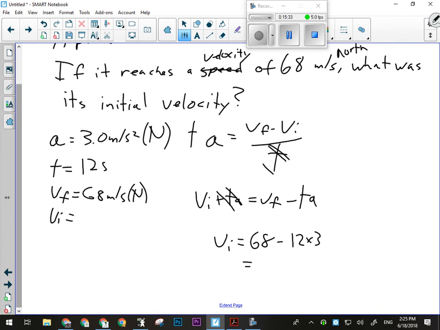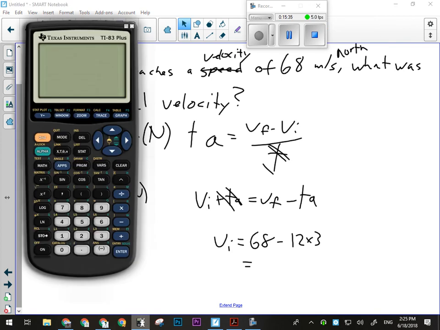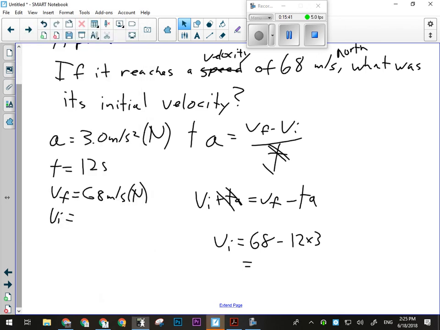So 68 minus 36 should be 32. 32 meters per second north, because it did ask for velocity, which is a vector quantity. That's one of those things you'll have to watch for.